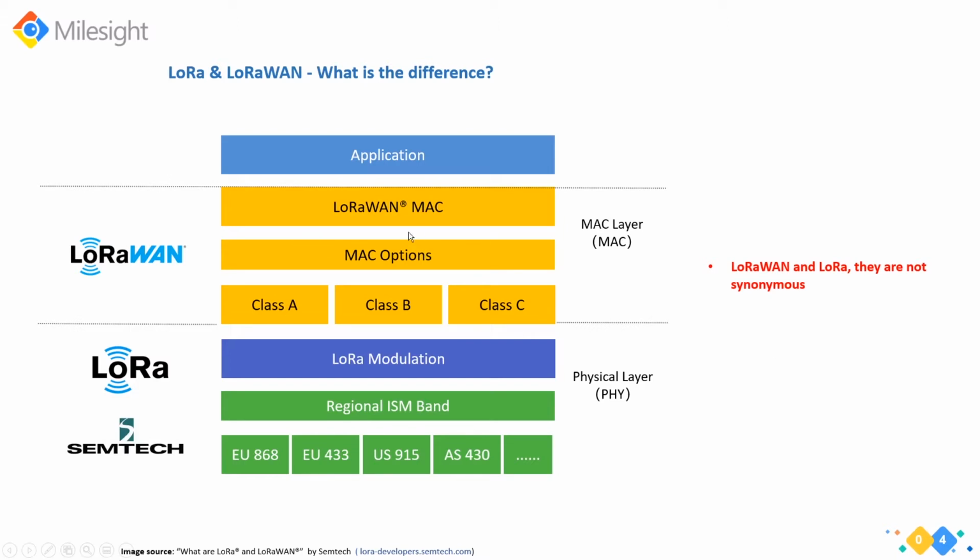Let's review this picture again, because yesterday some audience members were confused about the license-free spectrum. Since LoRa is a radio, not a protocol, it must work within a certain frequency range. The radio spectrum is authorized by the local government, and you need to pay for the license for specific functions.